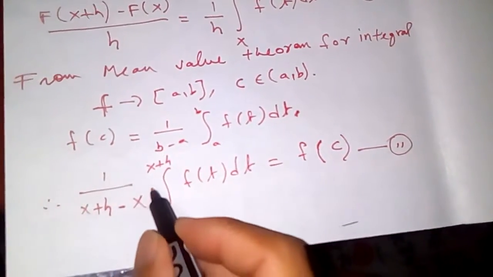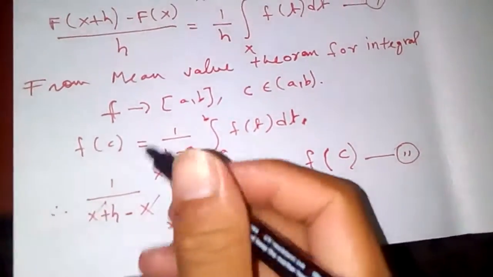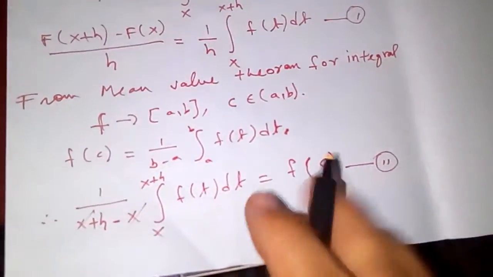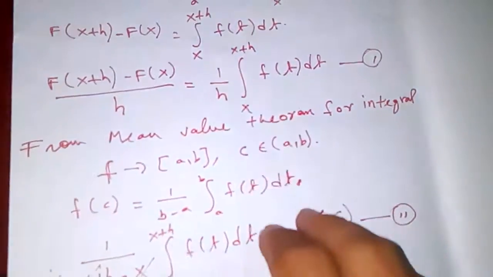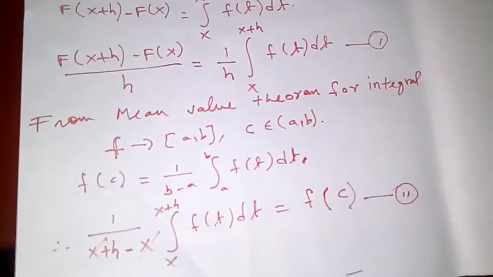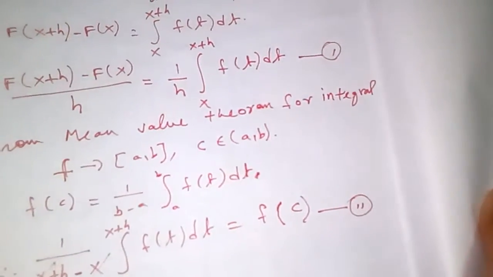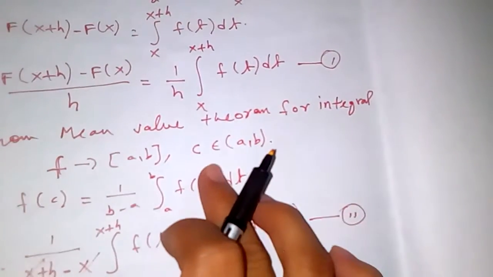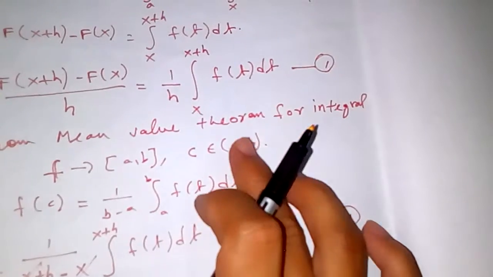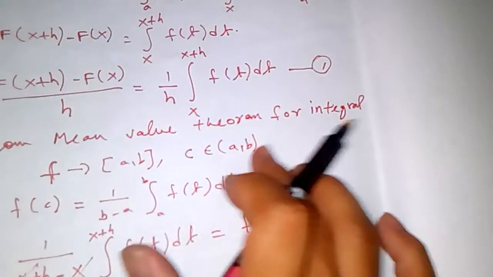If these two cancel out, you get 1 over h. So our right-hand side in equation 1 is nothing but f of c, where c is some real number which belongs to the open interval (a, b).